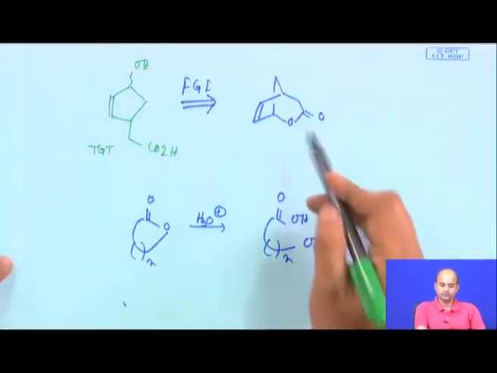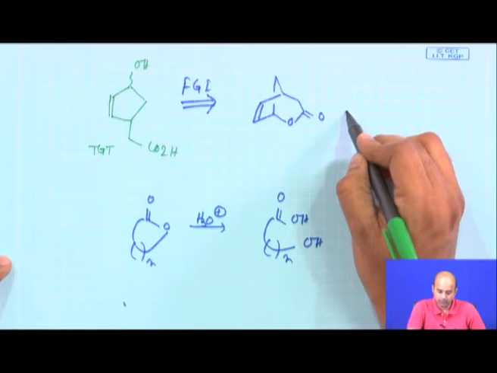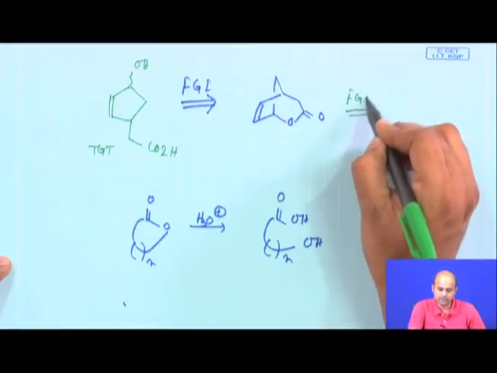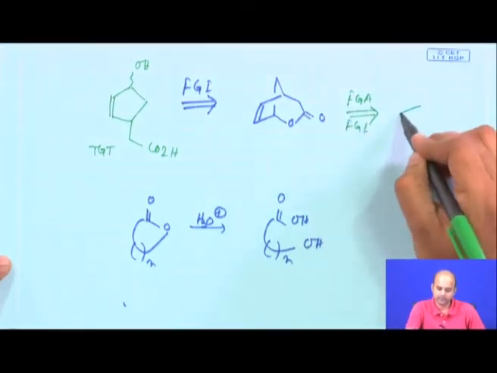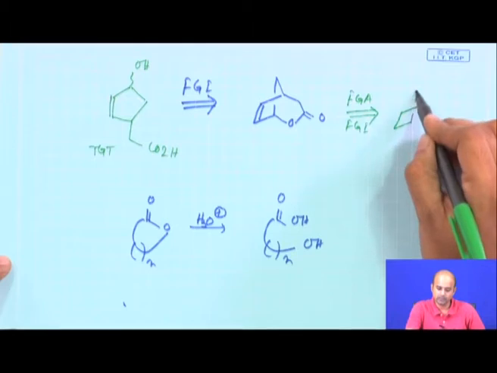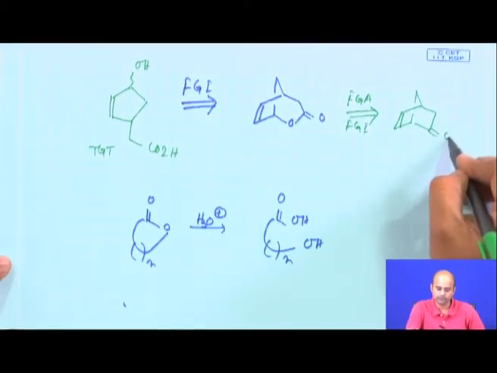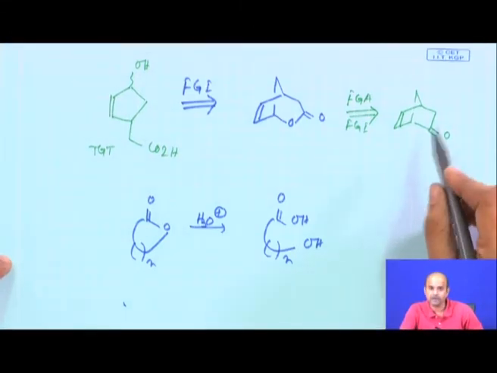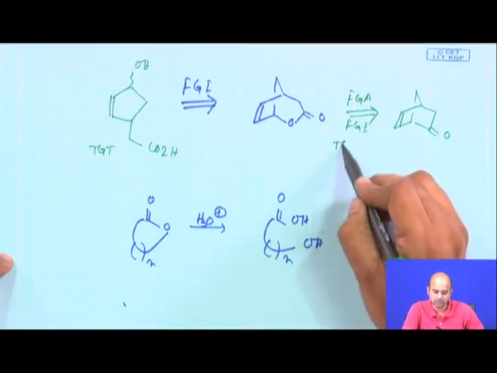Now, what is this? This is a lactone, an internal lactone, and now we will put on some more reaction, you can call it FGA or FGI. This is again probably a named reaction which I am sure all of us know. This reaction is named the Baeyer-Villiger oxidation.